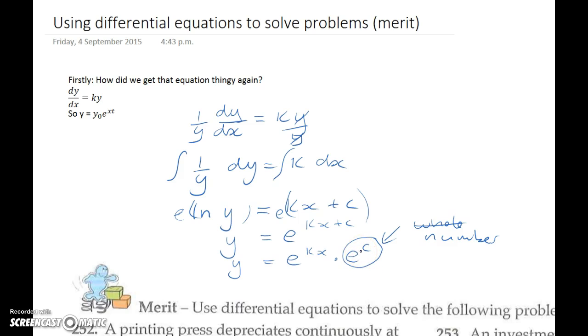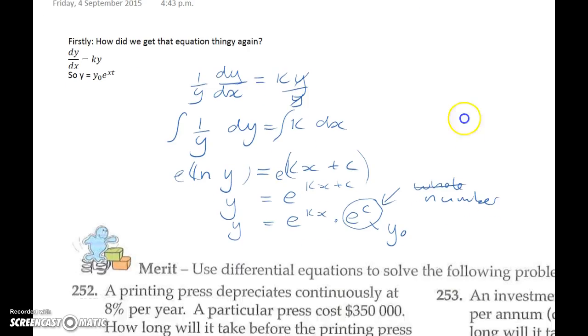So e to the c is just some initial value, which we have chosen to be the initial value that we are going to put into this equation. So that's where it's all coming from. Remembering that it is an actual number is the part that you are going to need to remember.